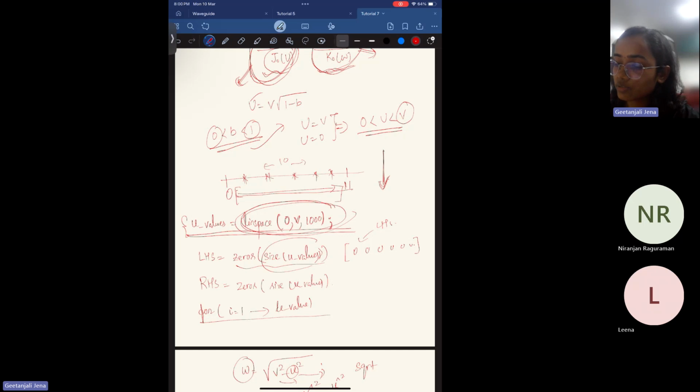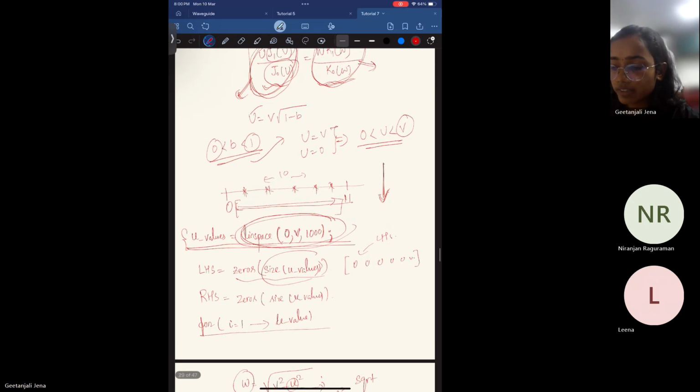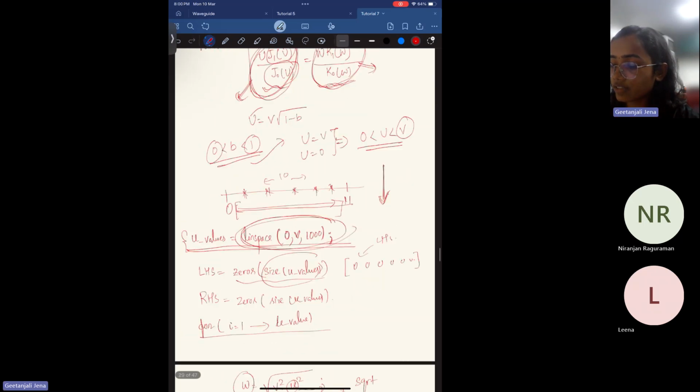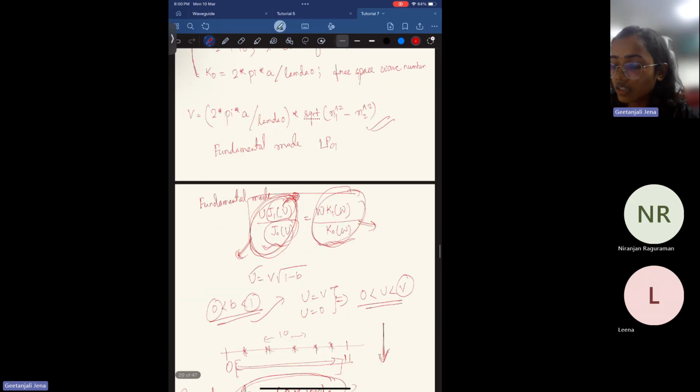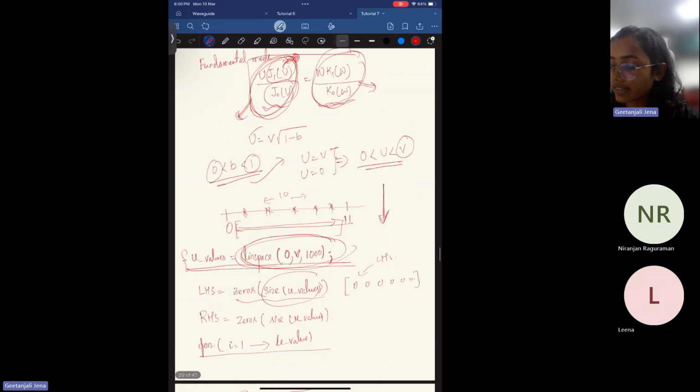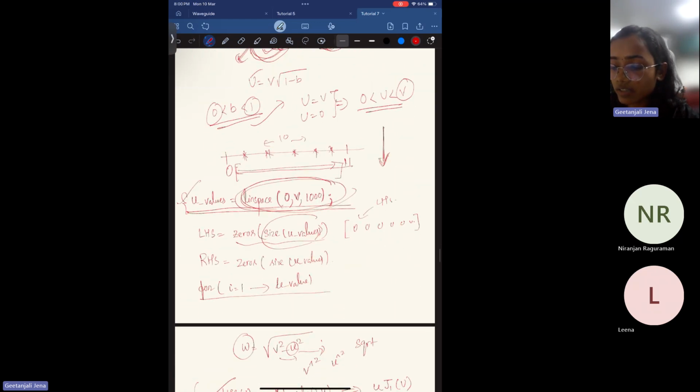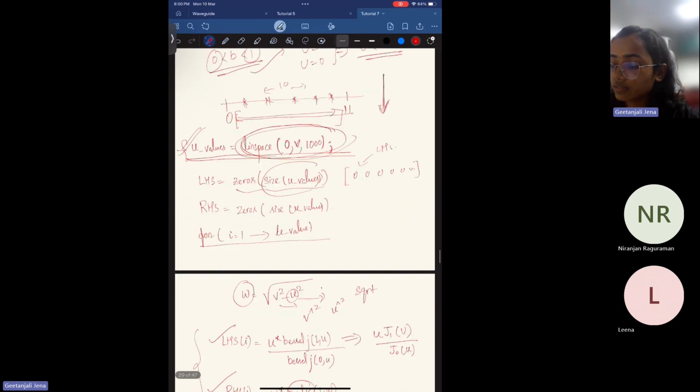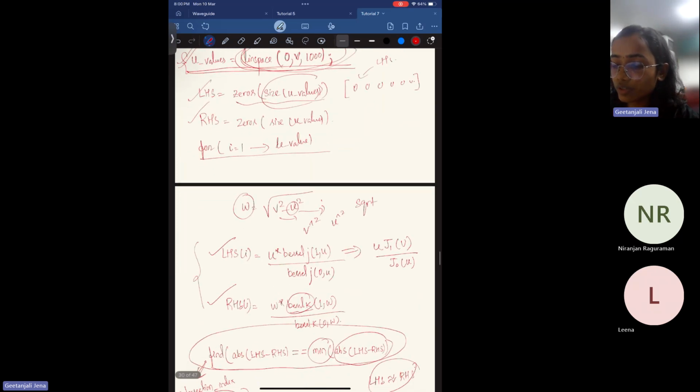Okay, so just define the parameters, and the next thing is to find the V value. Then discretize the U value between 0 and V. Then initialize the LHS and RHS values to 0 and use a loop to find the LHS and RHS at each data point.